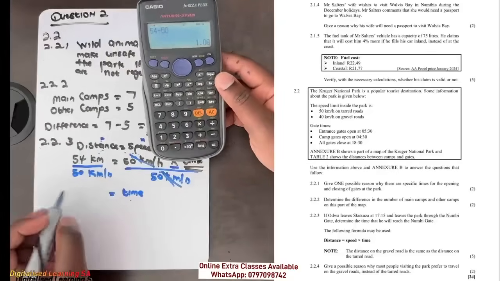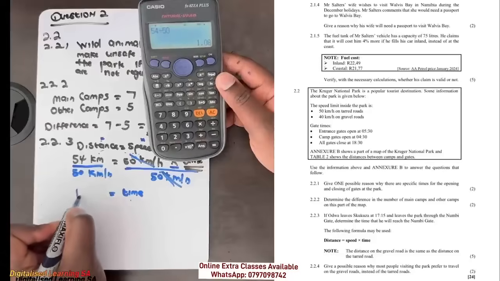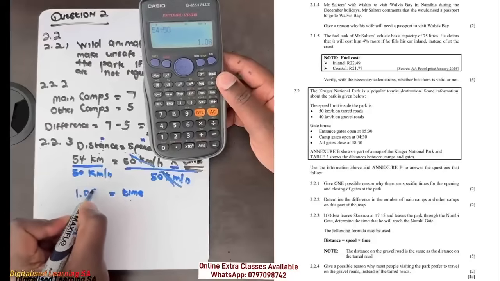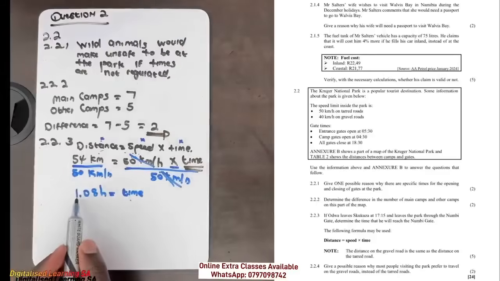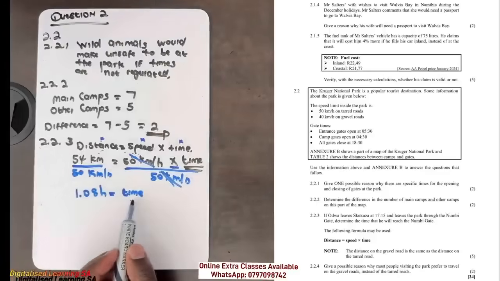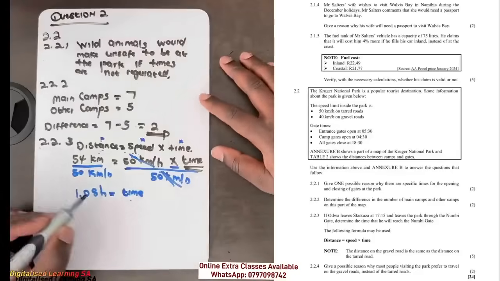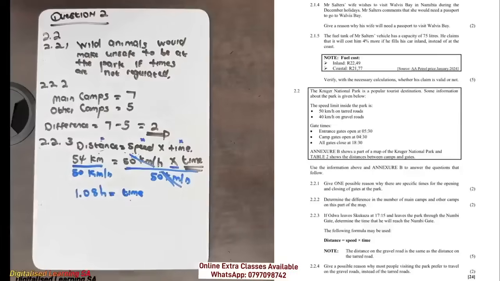So our answer will be in hours, meaning that it will take Odwa 1.08 hours to get to the gate. But then we need to find the exact time that he got to the gate.